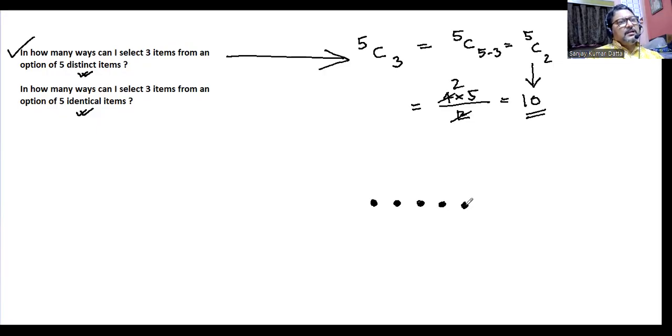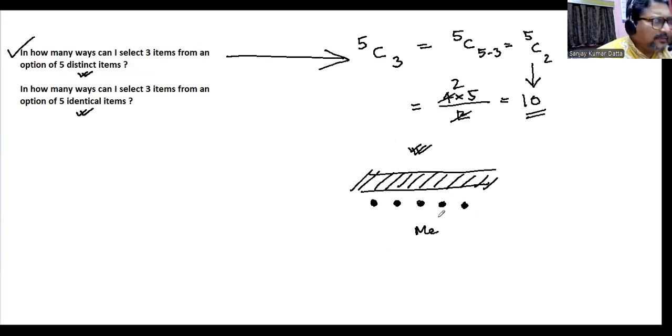They're absolutely identical and they're placed like this on a table. Suppose you are on this side and I am here, and you cannot see the balls. There is a barricade. You cannot see which ball I am selecting. That's a wall sort of a thing.